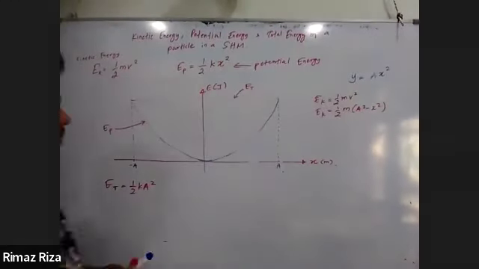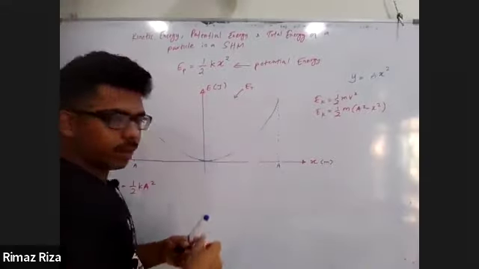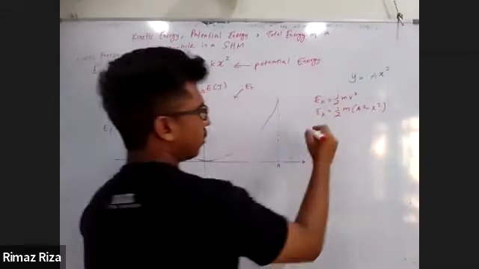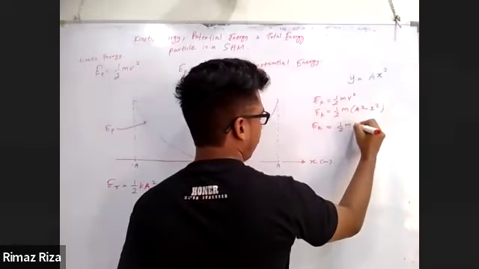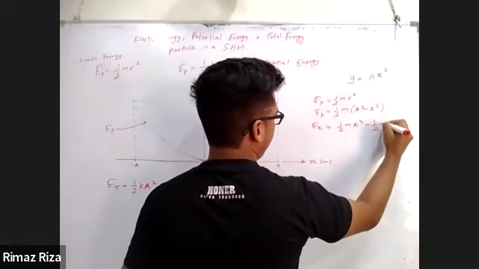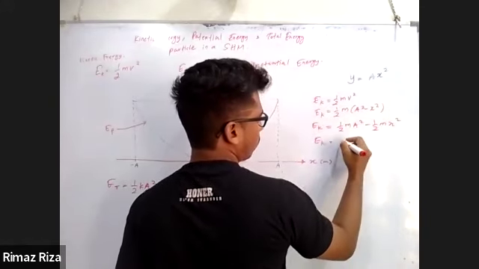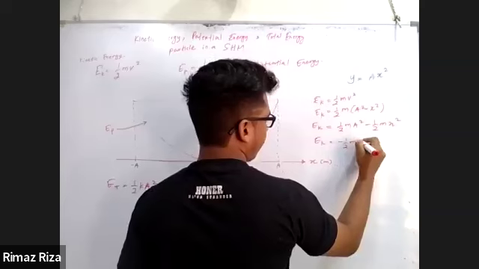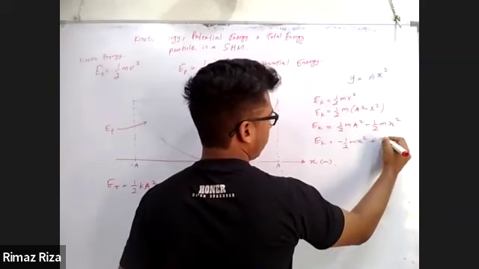So you can see, okay, and let's plot the kinetic energy graph as well. Here E k equals half m a squared minus half m x squared, so E k equals minus half m x squared plus half m a squared.